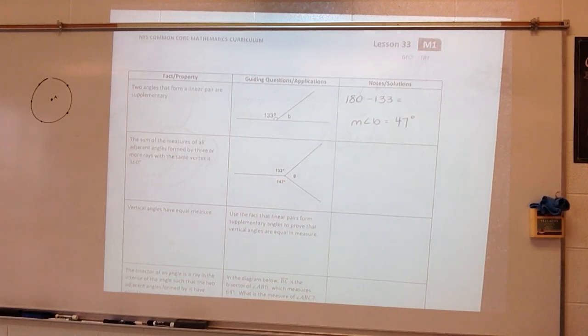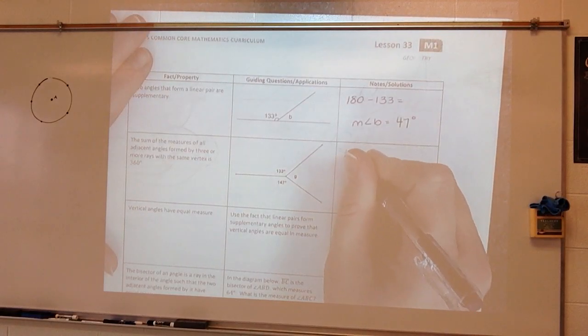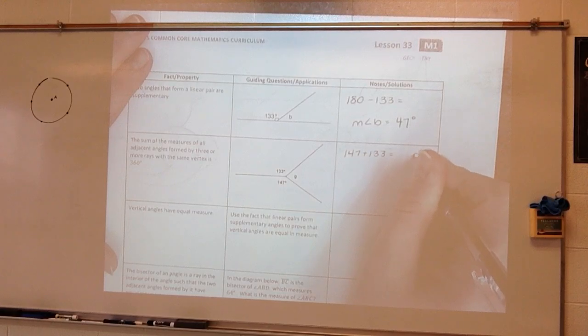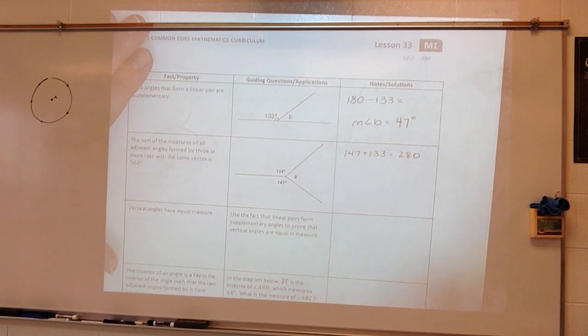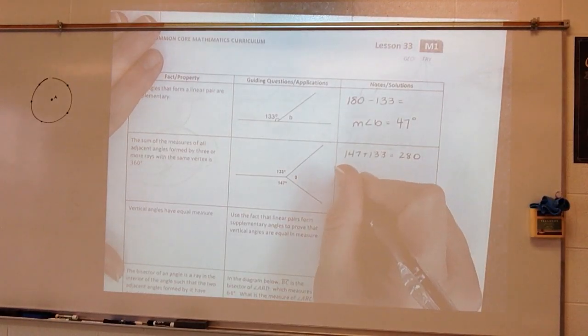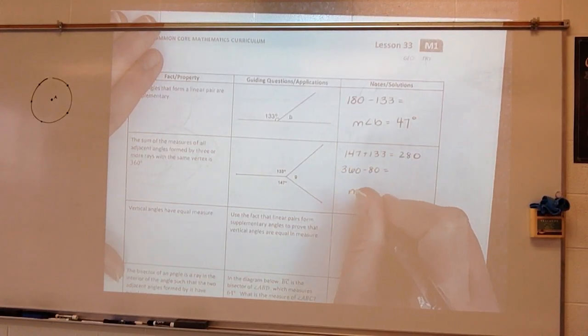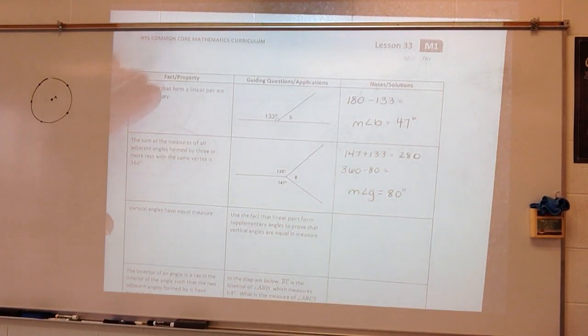That equals 360 degrees. So how would I find the measure of the missing angle? Well, I would add 147 and 133, so that would give us 280. And then I'm going to subtract 360 minus 280. And that means the measure of angle G is equal to 80 degrees.